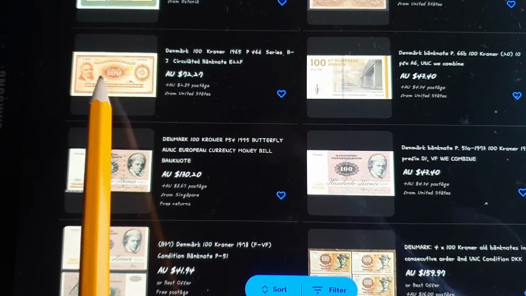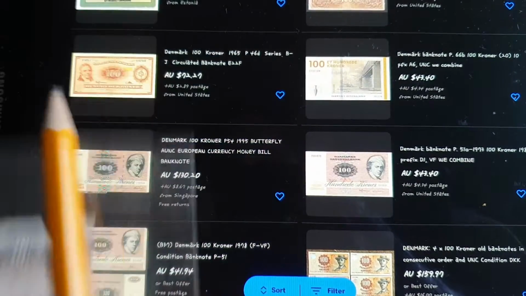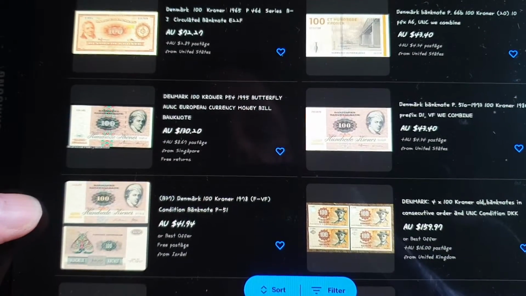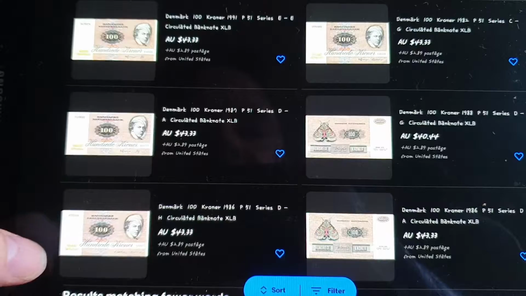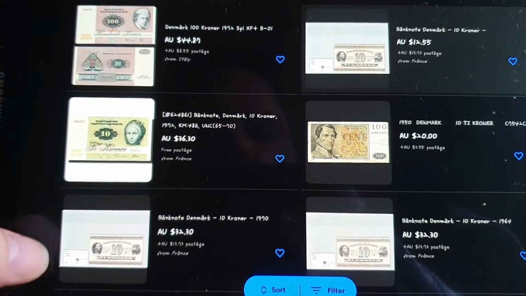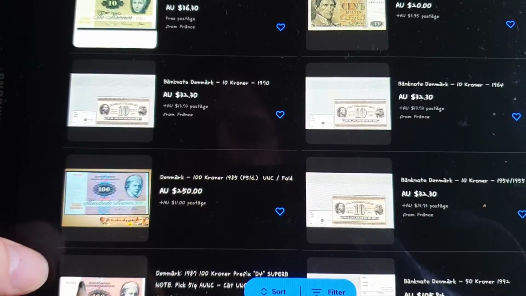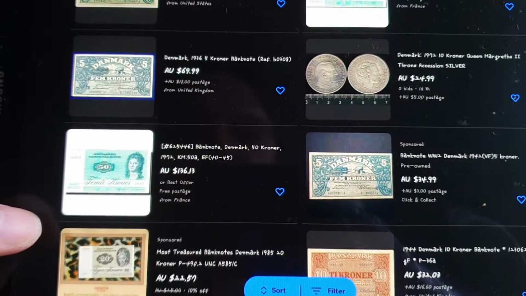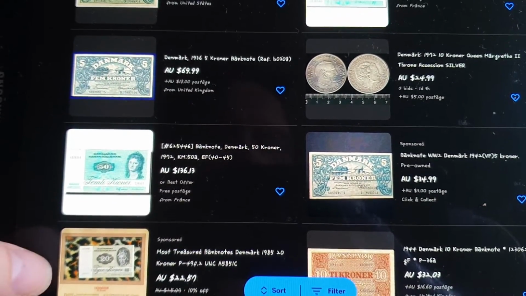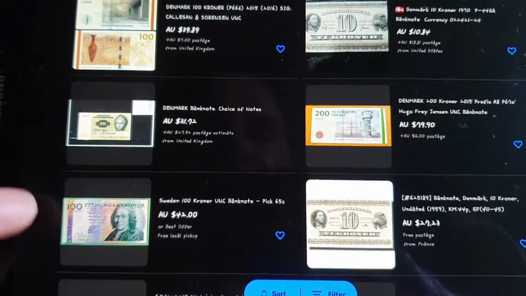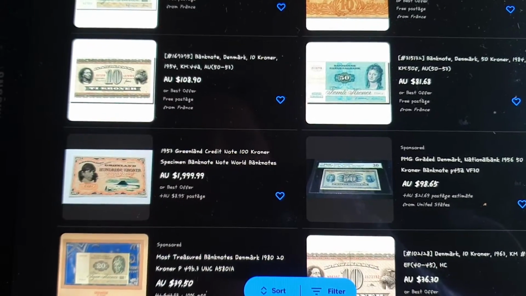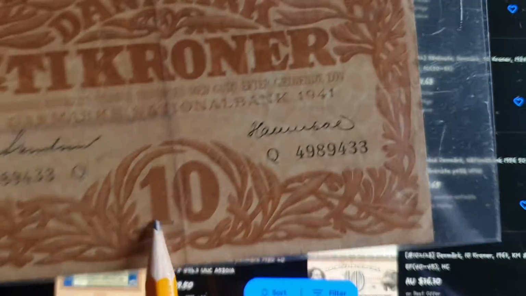So that banknote is actually the same as this one. $72. And no, I don't see any from the World War II and before period. So that would make it actually quite a scarce and expensive banknote. So this series is going to be hard to get higher up the actual grade.